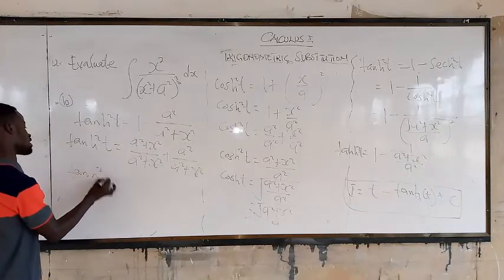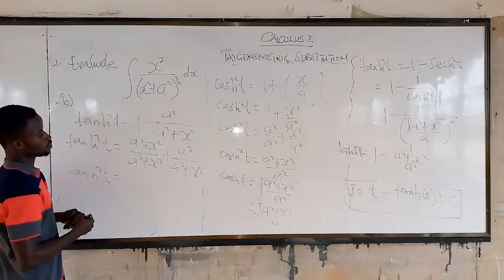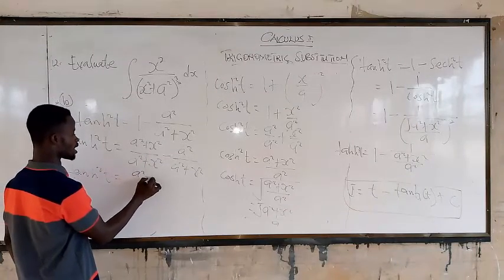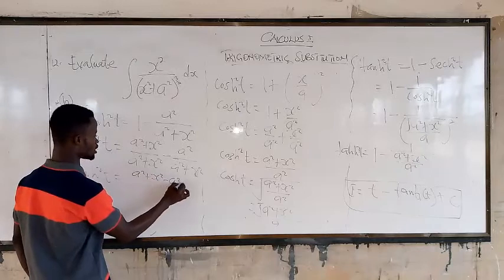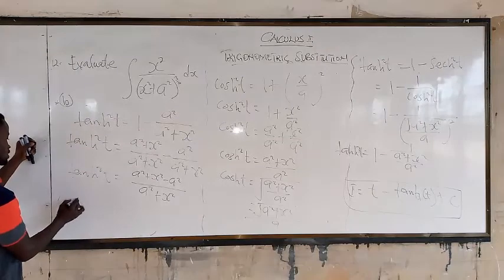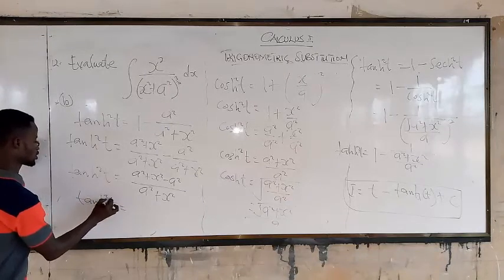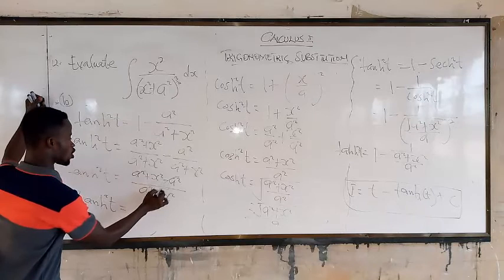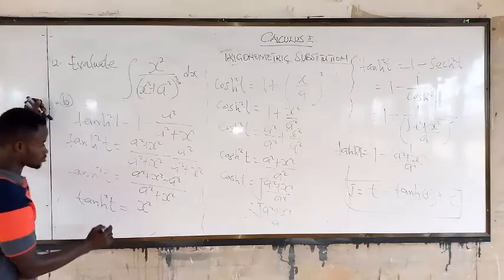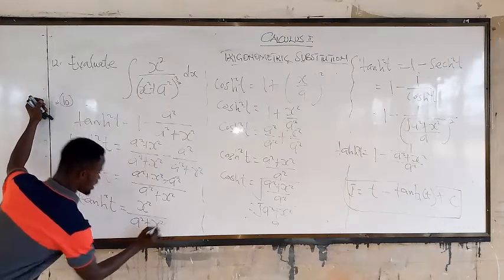So tan squared t is going to be equal to, oh sorry, here is minus. Let's add the top: a squared plus s squared minus a squared, all over a squared plus s squared. So here we get tan squared t is equal to s squared over a squared plus s squared.